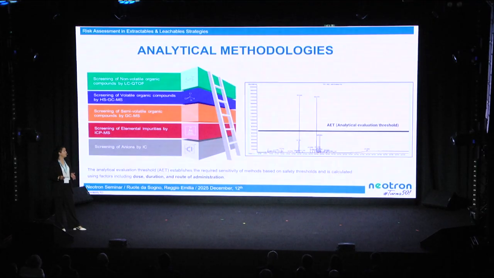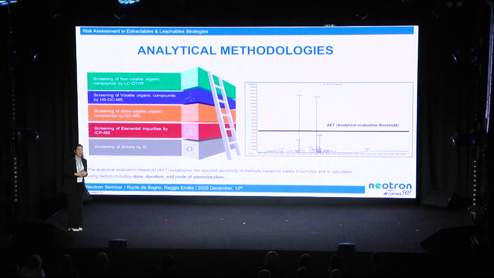So we involve different equipment in order to have a total screening of the molecules. So starting, for example, with an untargeted screening of all non-volatile compounds with LC-Q-TOF, going down to the screening of all volatile compounds with the headspace GC-MS, the screening of the semi-volatile compounds with the liquid GC-MS, and the targeted screening of the metals with the ICP-MS, and the ions with the ion chromatography.